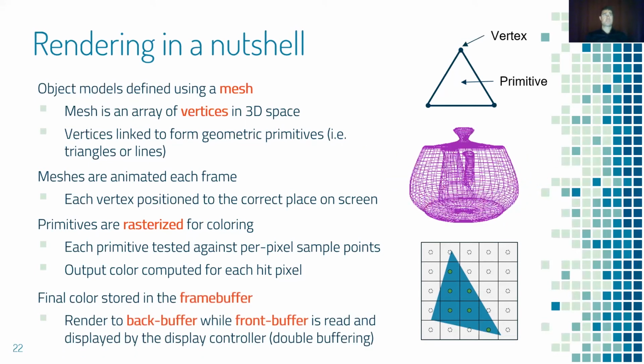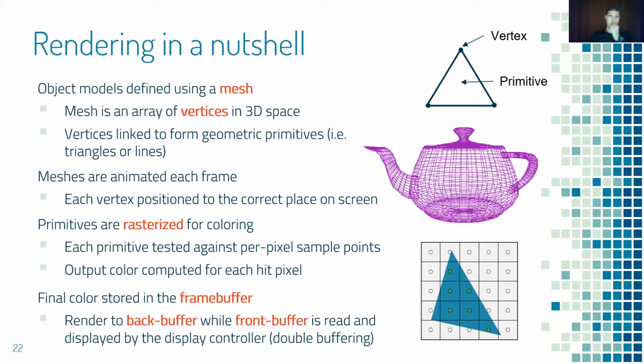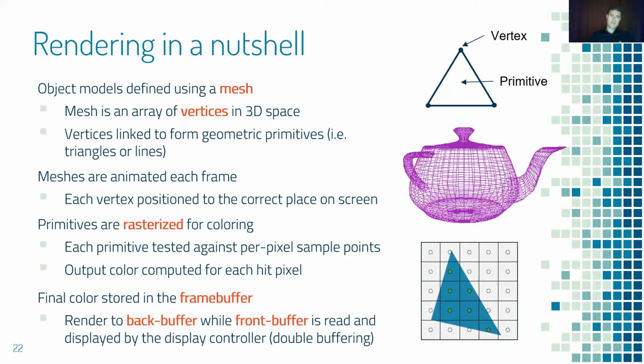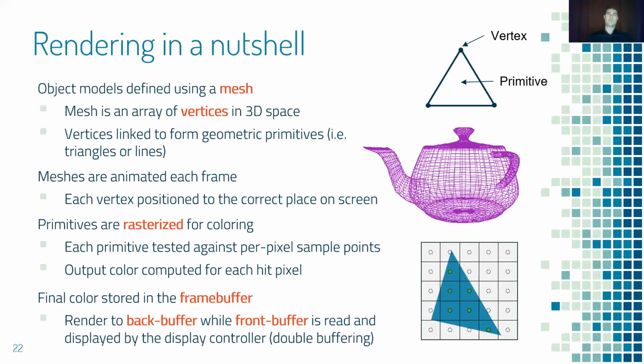The frame buffer is just memory where data written out by the GPU is stored. Rendering is usually done in a double buffered fashion. While the GPU is rendering something to the back buffer, the display controller is reading the front buffer and sending it to the monitor.